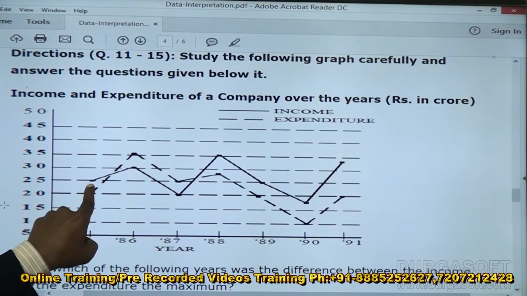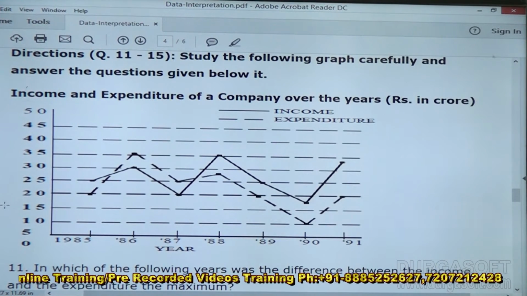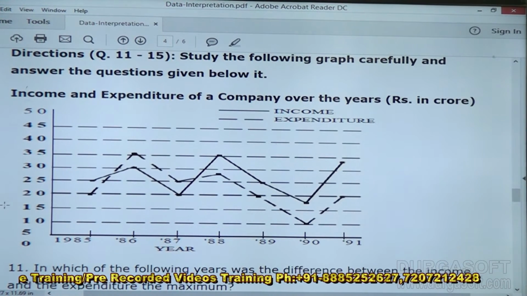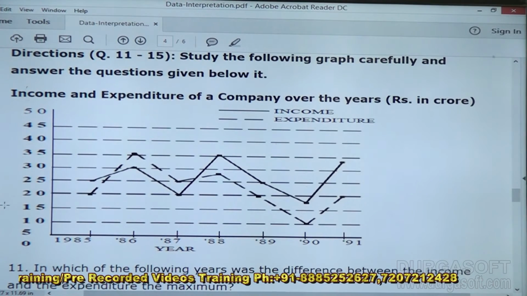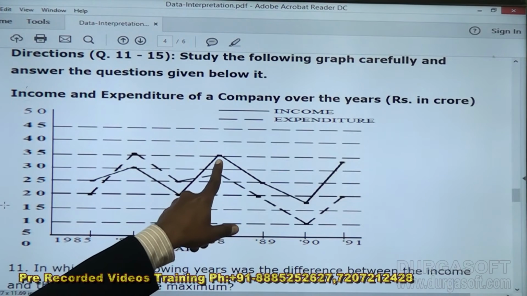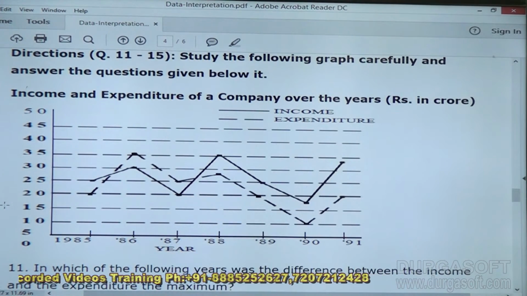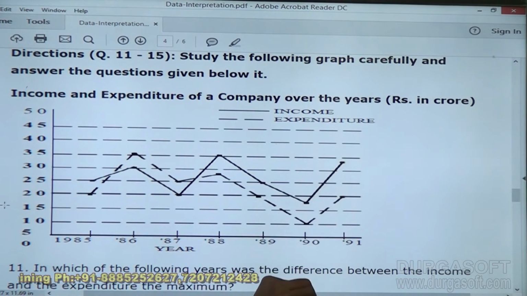The incomes are 25, 30, 20, 25, 30, 20. I will be representing it on the board. After 20, in 88 it is 35, 25, 17. This is somewhere near 17.5, but I do not know the exact value here. Here I can approximate it to 17.5.